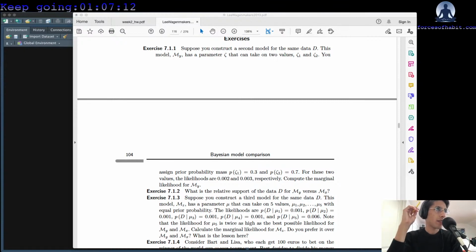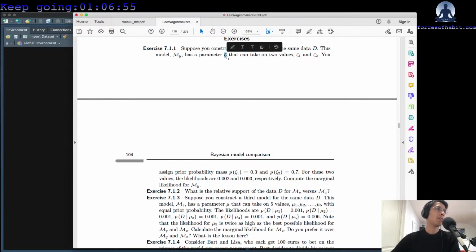Suppose you constructed a second model from the data, and I'm going to call this model Y. And it has parameter gamma. I think it's gamma. I don't know what to call that parameter. I always forget what this little symbol means. It's not gamma.